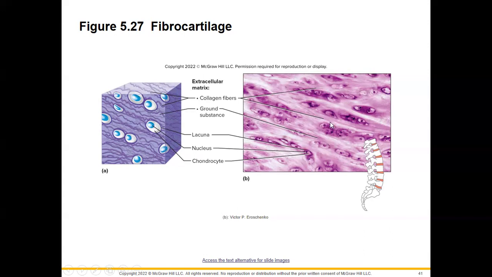So collagen fibers within this ground substance that all surround the chondrocytes that live in a lacuna. And again, because they have lots of collagen, they have lots of tensile strength. These will act as your shock absorbers. And the example is the discs in between the vertebrae.